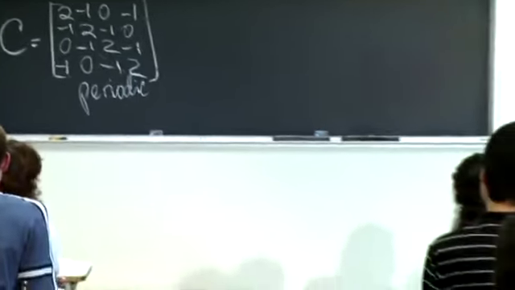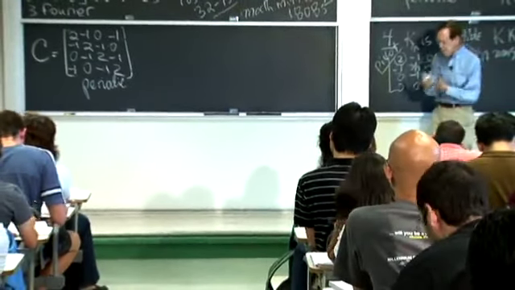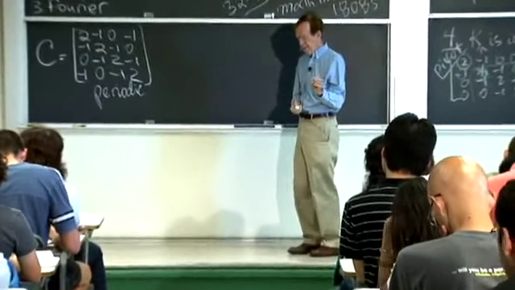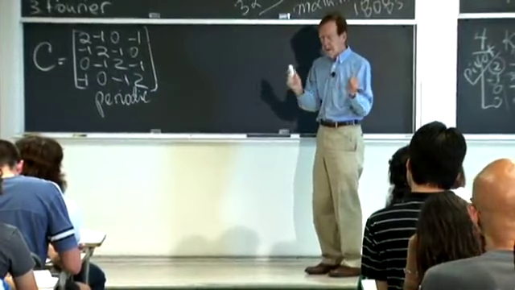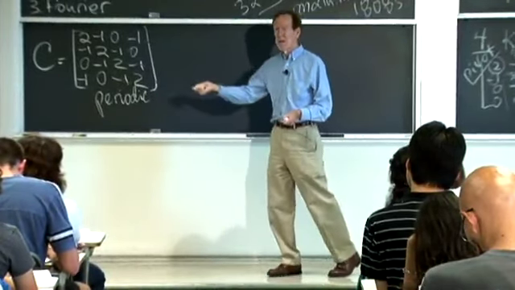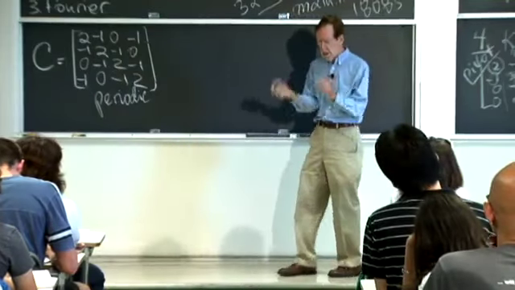And why is that not invertible? The thing is, can you find a vector? Because matrices multiply vectors, that's their whole point. Can you see a vector that it takes to 0? Can you see a solution to CU equals 0?